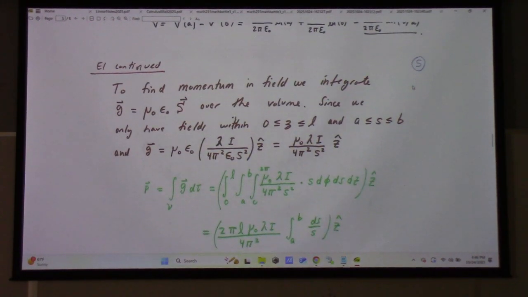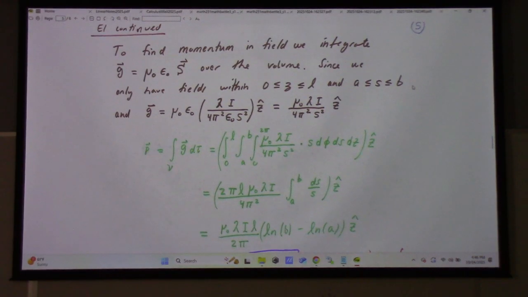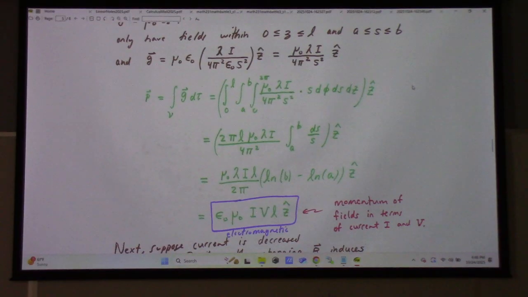But there's more. To find the momentum in the field, we integrate that mu naught epsilon naught S over the volume. Since we only have fields from 0 to L and from a to b for s, this is the integral we have to do. So we take that Poynting vector and integrate it.